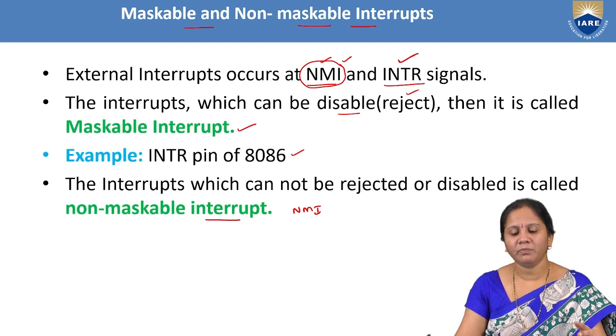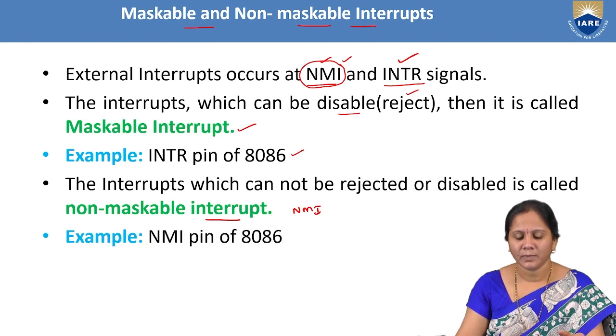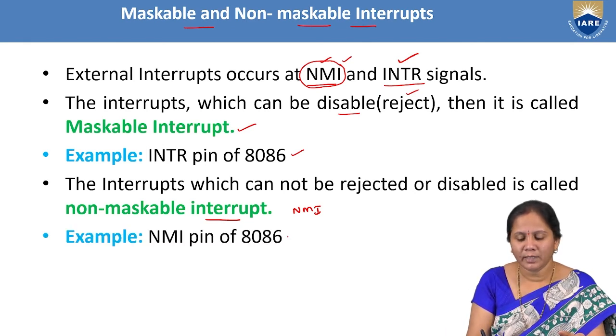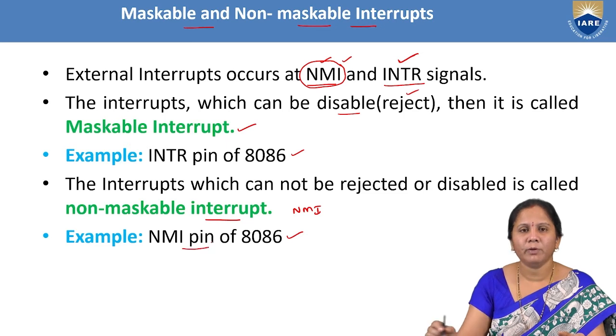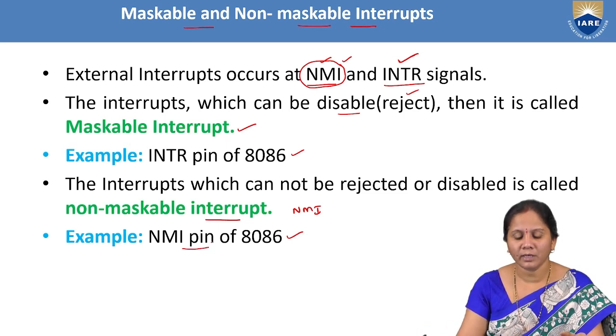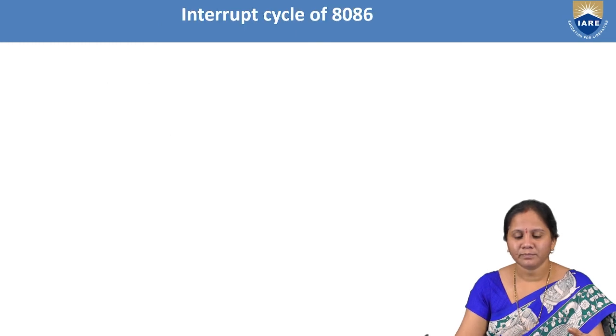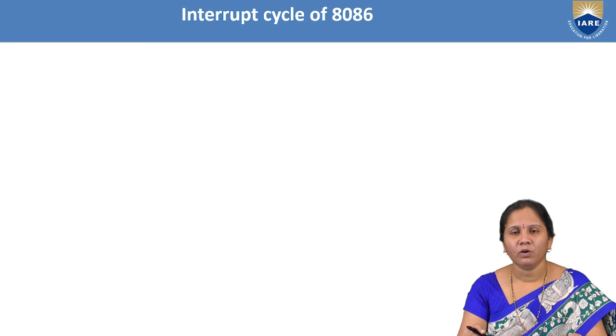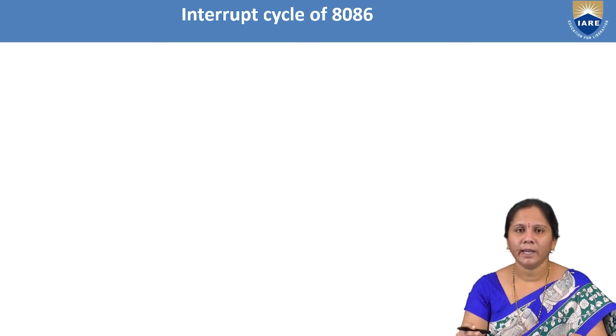That is the main difference between maskable and non-maskable interrupts. For example, any interrupt that comes through the NMI pin of the 8086 microprocessor is called a non-maskable interrupt. So this is the classification of interrupts in the 8086 microprocessor.